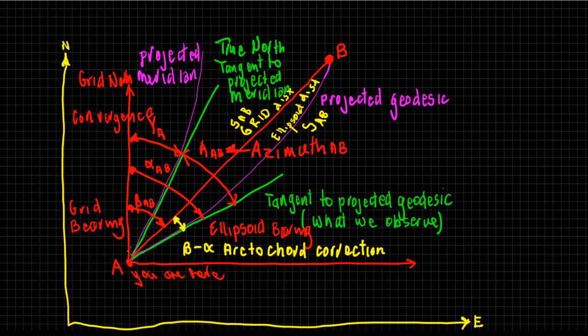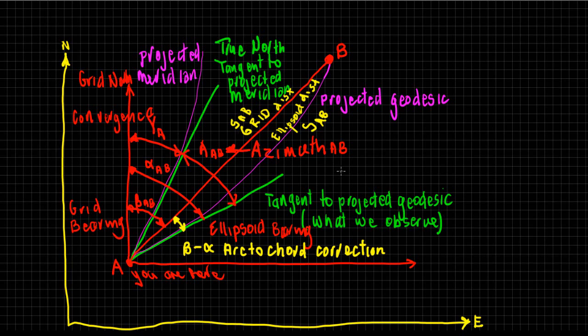Further to that, of course, we measure the elliptical distance, which is what we actually measure, but we have to apply a correction to make it into a grid distance. This arc to chord correction generally doesn't come into play except on very long lines, and we're going to do a calculation on a line that's about 50 kilometers long, and we get a 1 second arc to chord correction.